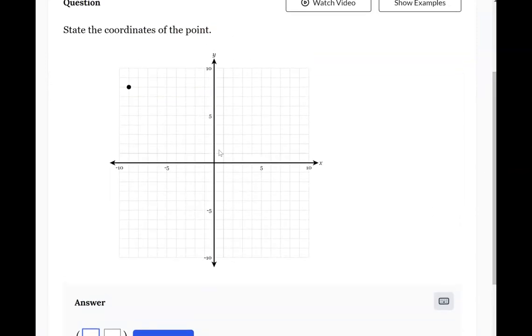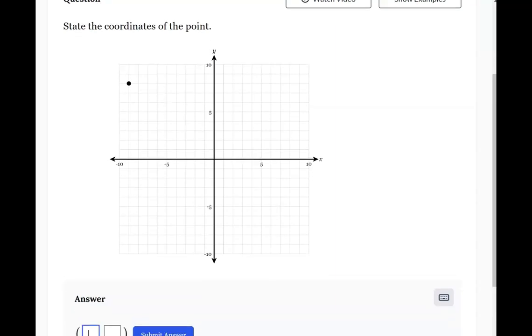Now let's move to the next lesson, which is same topic, identifying points, but level 2, which means that not all of the scale marks will be indicated. But we can see a 5 is here, so each tick mark, 1, 2, 3, 4, 5, must go by ones. So I'm going to do the same thing. From the given point, I'm going to line up its distance on the x-axis, which for us is -9, and the distance on the y-axis, which is 6, 7, 8.